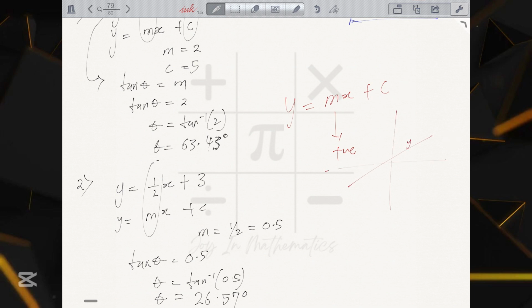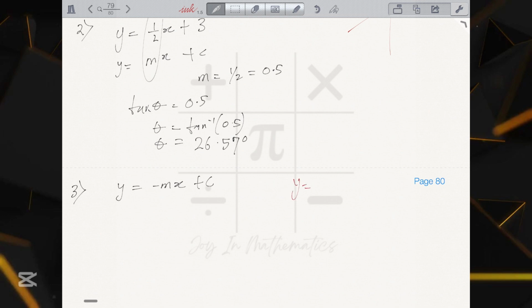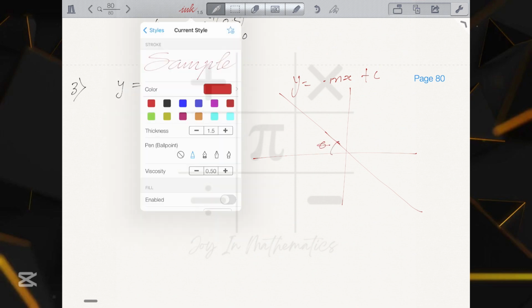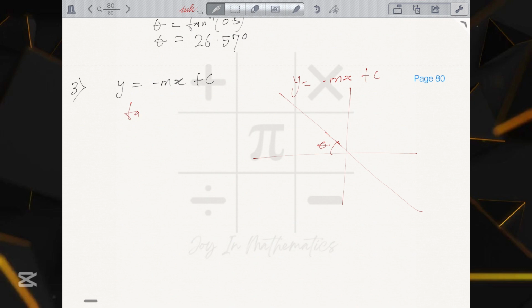Now what if we have y equals minus mx plus c? That means the line is moving in this direction. So the angle it makes is this. It will still hold with the same formula that tan theta equals minus m.